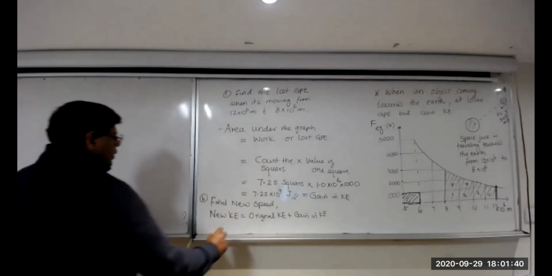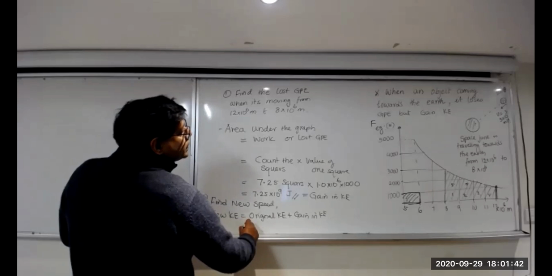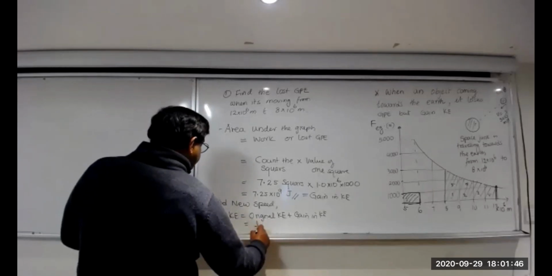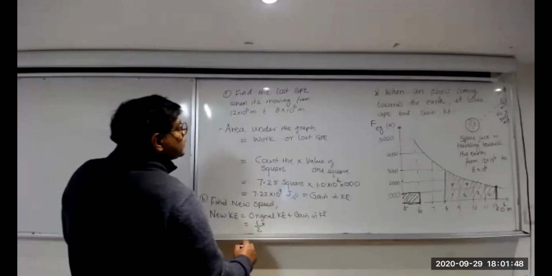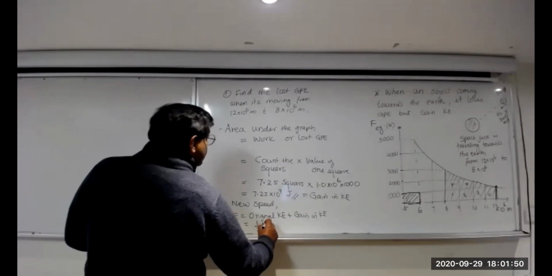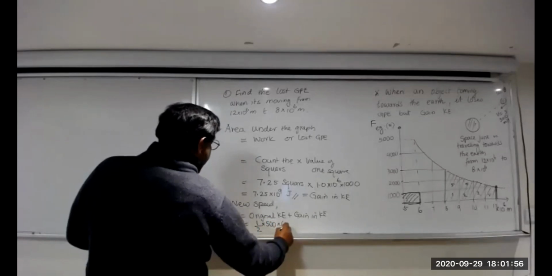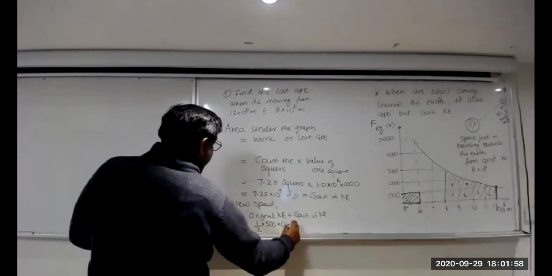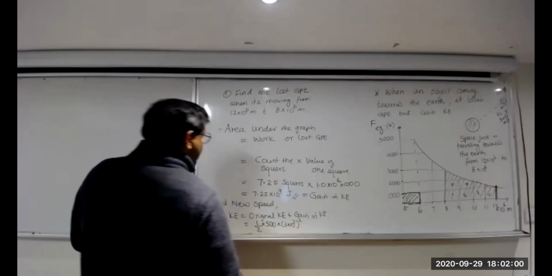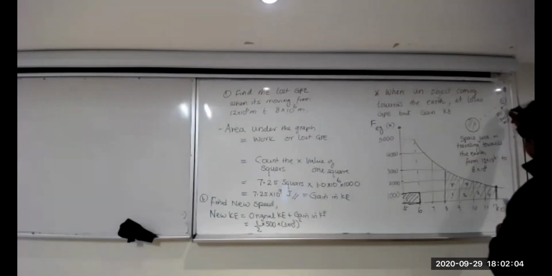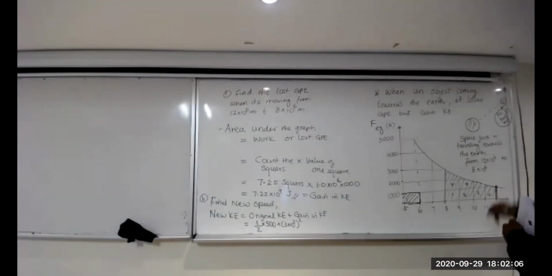The original speed was, I said, 3 times 10 to the power 3. Half times the mass, which was 500, times 3 times 10 to the power 3 squared. That's the original kinetic energy.